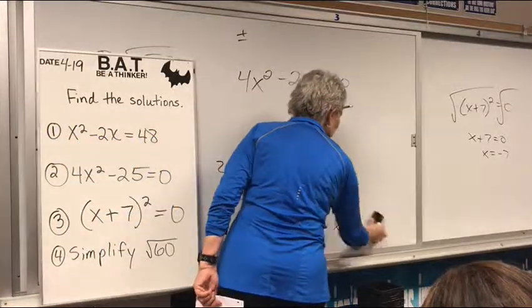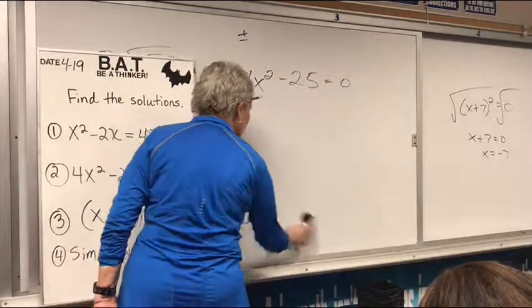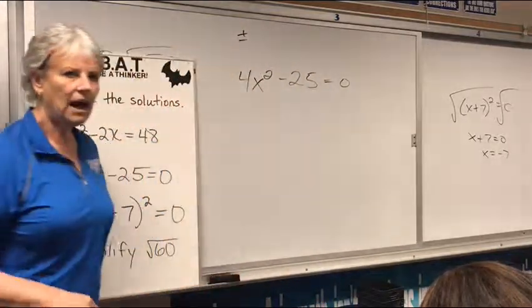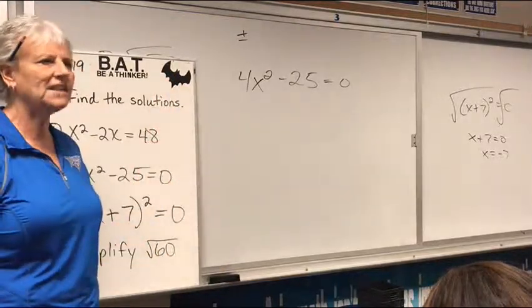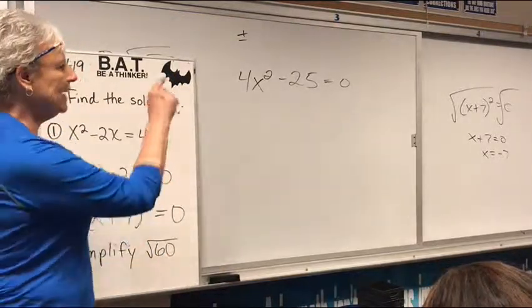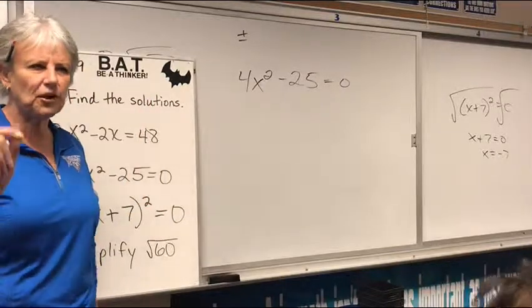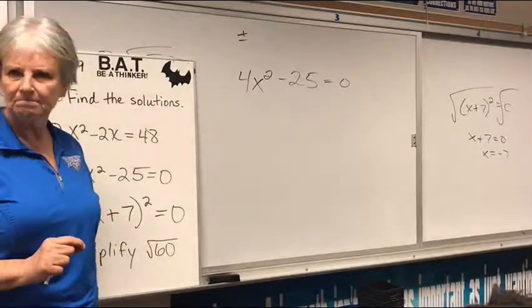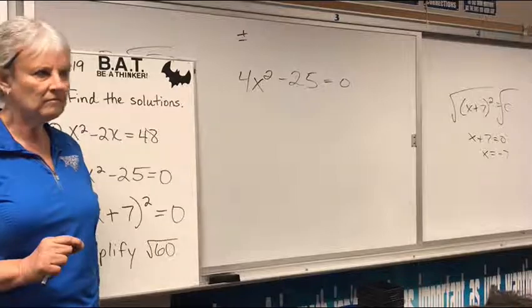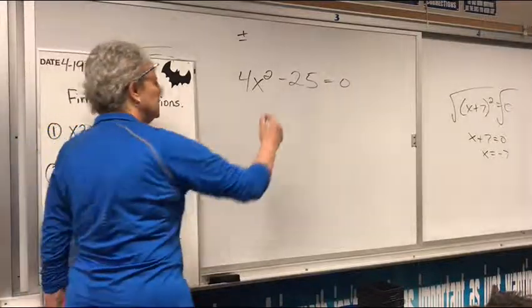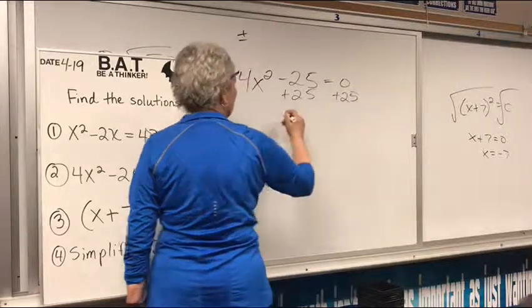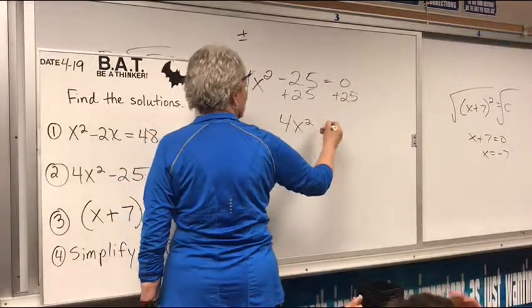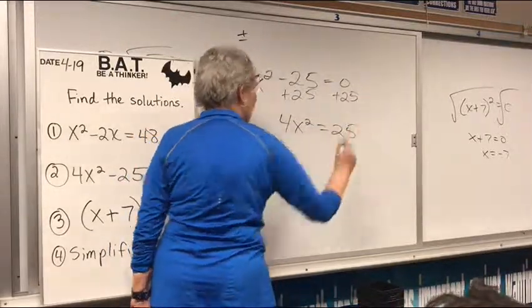If I tell you to solve by square root, I'm asking you to get x squared by itself. How do I get x squared by itself first? What's the first step I need? Add 25. 4x squared equals 25.